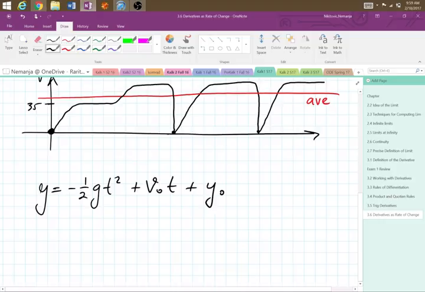Then we also have a throw where I use more force than if I just let it go right down. That one is v0, the initial velocity, how hard you throw. And then obviously you have the gravity term, which makes sure that the object goes down.